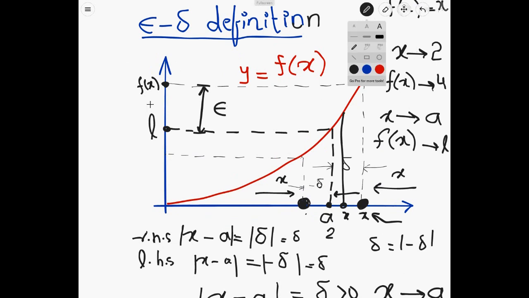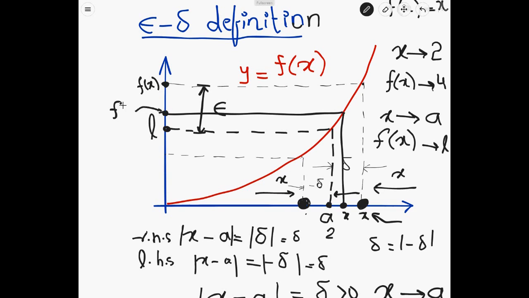Note that previously the difference between f of x and L was epsilon. As you moved closer to point a, now you are at this point. When you come to this point, the value of the function will become closer to L, and this point is f of x.